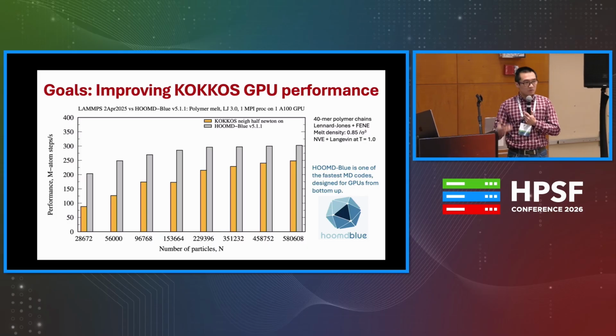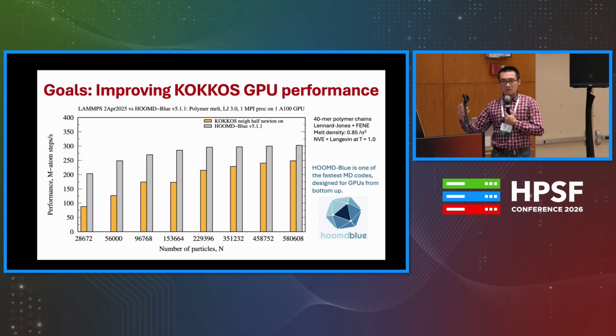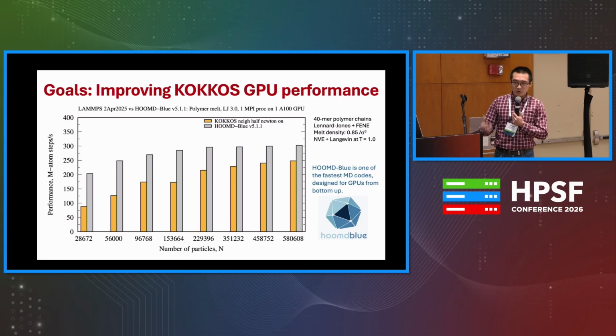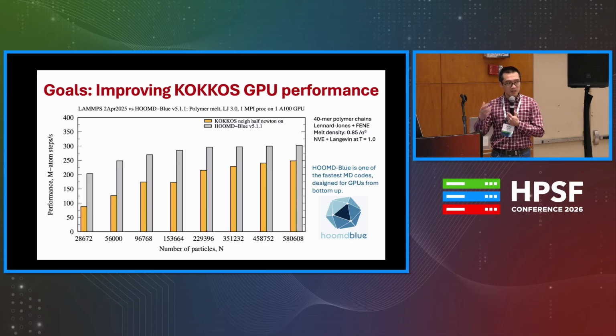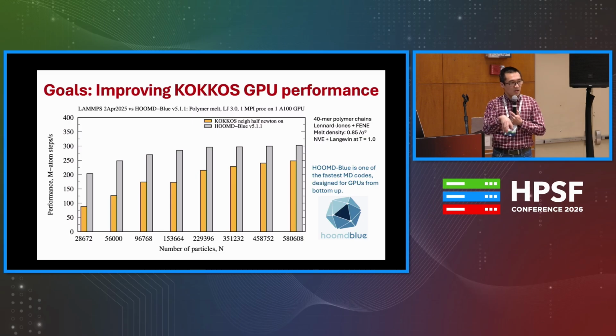So what drives me to this work? The problem I want to solve here is to make LAMMPS KOKKOS run faster and faster. The plots show how LAMMPS compares to HOOMD-blue, which is one of the fastest MD codes designed for GPUs from the ground up.